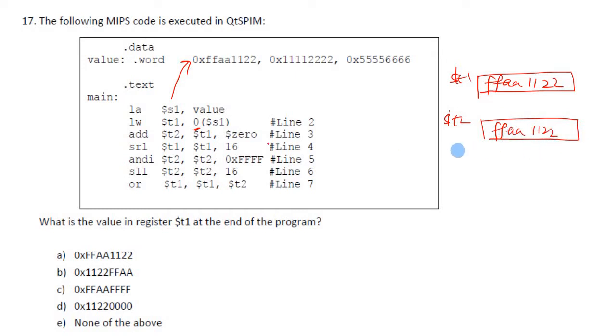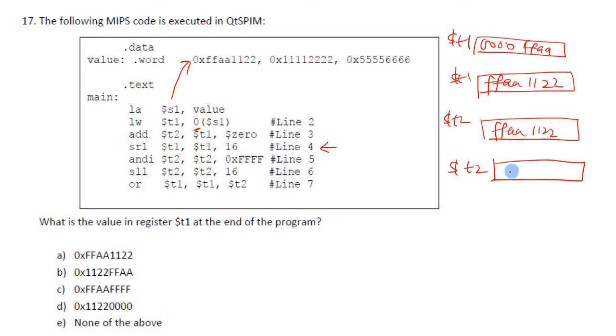And then what do I do? I do a shift right operation of T1. If I shift right T1 by 16, I'm shifting everything by 16, so 0000 FFAA. Here is your T1. And your T2, what am I doing? I'm doing an AND with FFFF. So I have 00001122.